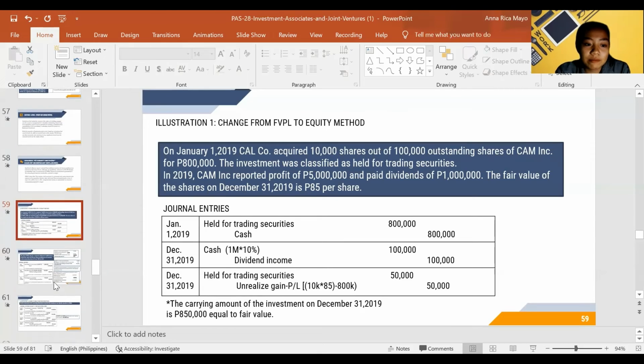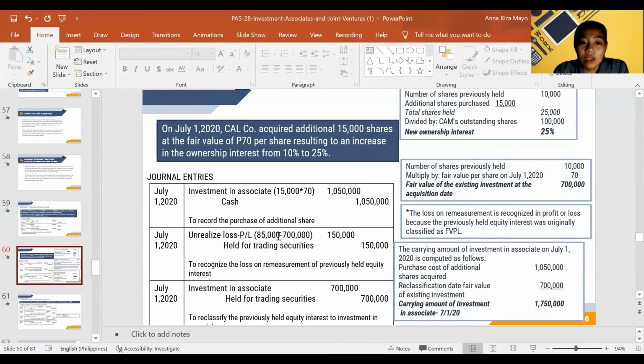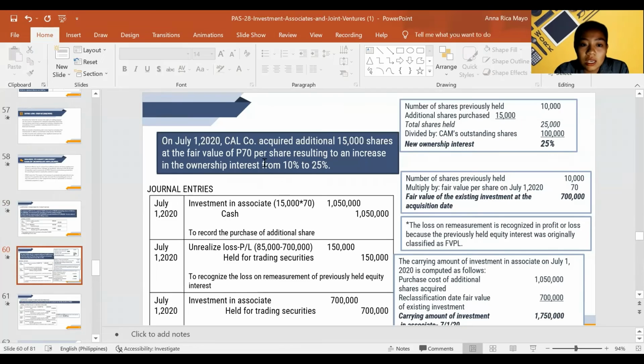And then next, noong July 1, 2020, Calco acquired additional 15,000 shares. Nag-acquire ulit siya ng another 15,000. Ang fair value nun is 70 per share, resulting to an increase in the ownership interest of 10% to 25%. Paano nga ba naging 25% yan?